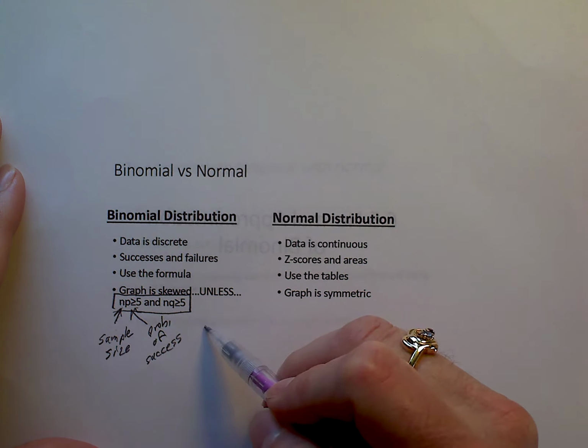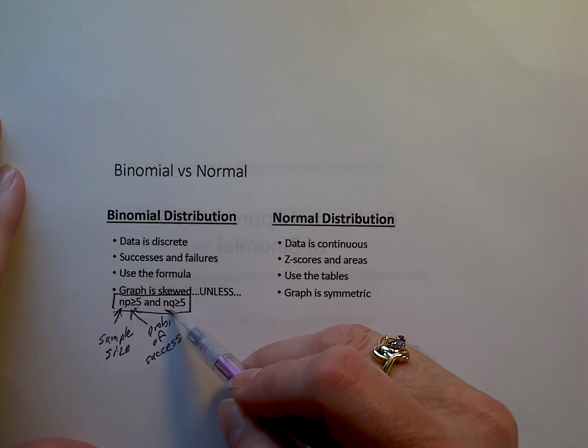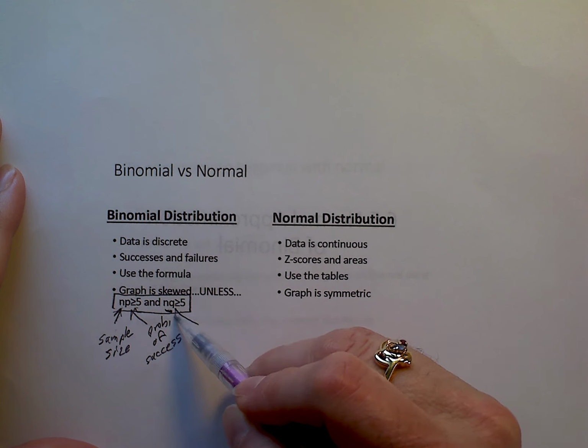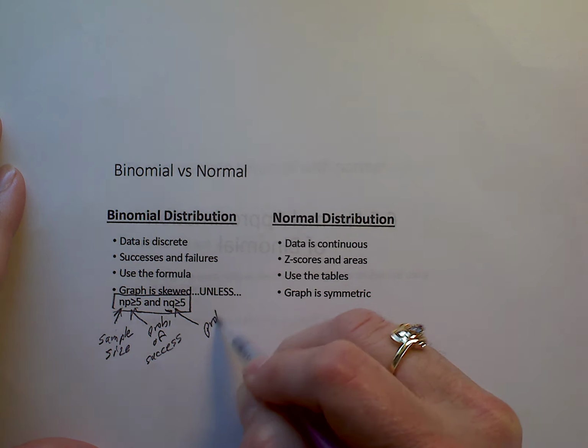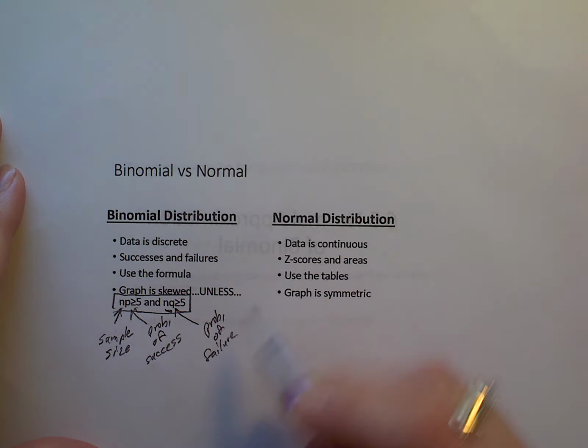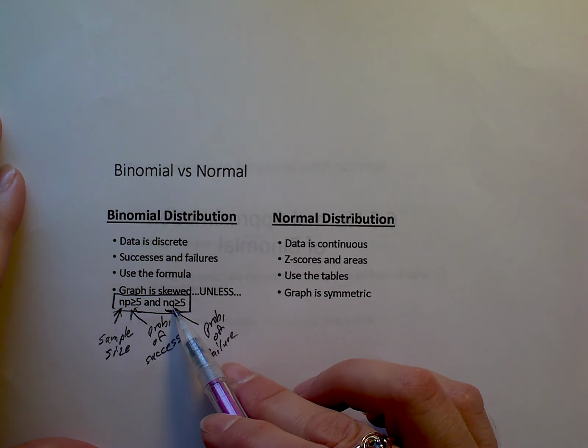But also the sample size times the probability of failure, remember, Q was failure, that also has to be greater than or equal to 5.